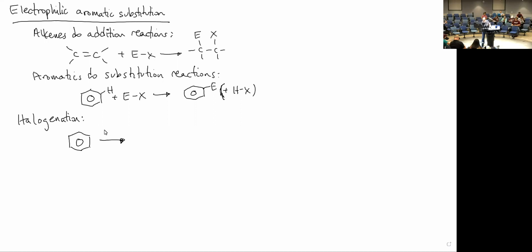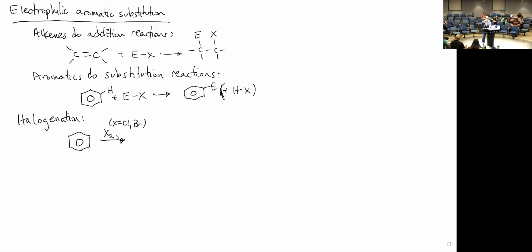So that's my arrow. And that halogen can be either chlorine or bromine. We've seen this type of thing before. So you can use either Cl2 or Br2. As always, F2 is too reactive. It'll just tear the benzene apart and you'll get CF4 and tetrafluoroethylene and things like that. You certainly won't get a clean product out of it.